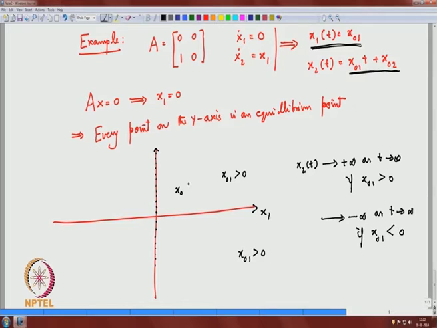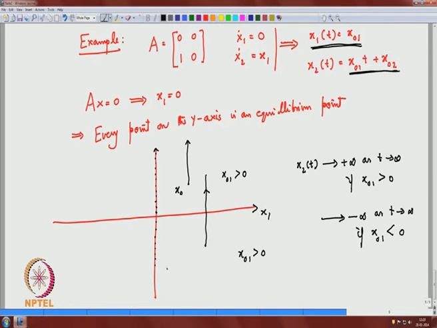So if you start at any point here, the first component will remain. So it has to move in a line perpendicular to the x1 axis, but it should move to plus infinity. Even from here your x01 component is positive. So it will not go towards any equilibrium point.